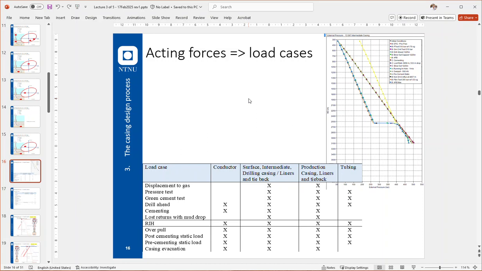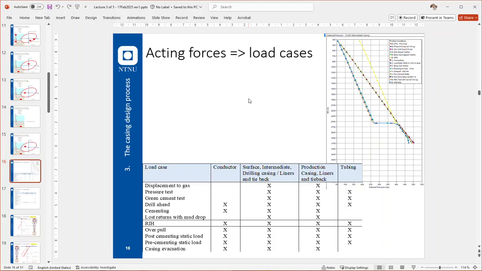So you pressure test in most cases just as you bump the cement plug. Then you continue to let the pressure go up to the level of the pressure test that I have identified through your casing design analysis.